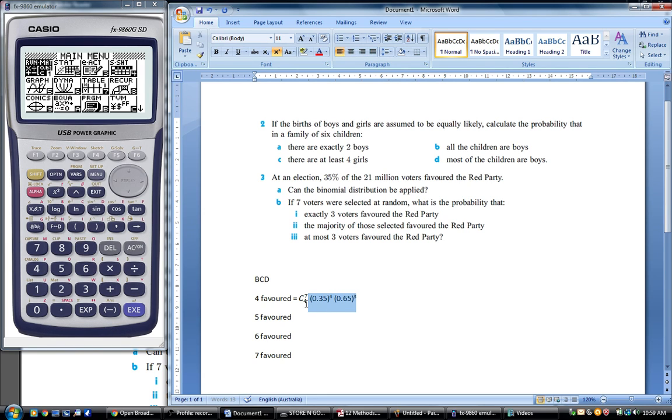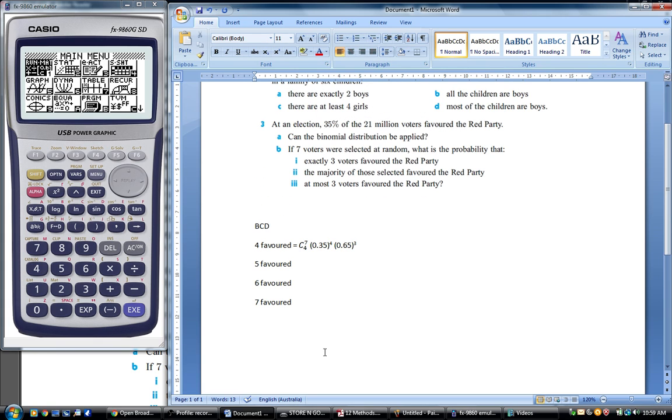You would be calculating this for all of those and then adding them together. That would be the probability. But because we have this BCD function, we can just get the calculator to compute all of those for us without having to put this tedious stuff into our calculator.